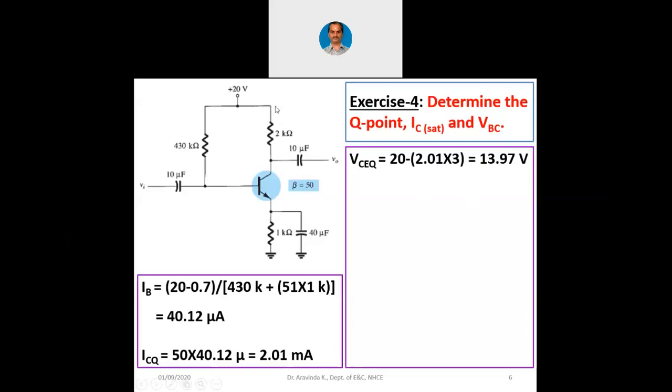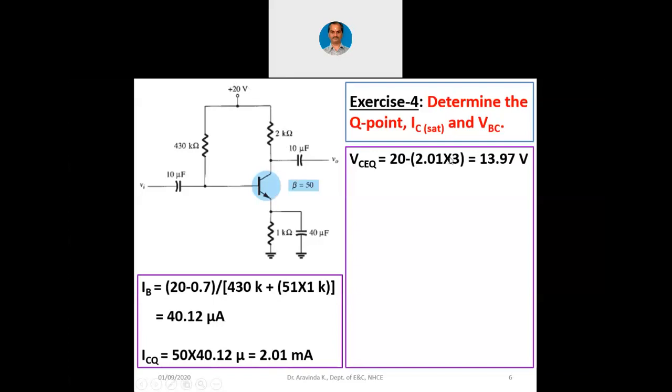VCEQ is VCC minus IC into (RC plus RE). I'm sorry, in this PPT I have put a multiplication symbol. I should put a plus symbol there. I think something is wrong here. Even I don't know, I worked this out. Maybe I made an error or maybe it is correct, I'll have to verify this. So VCE is VCC minus IC into (RC plus RE), so 20 minus 2.01 into 3.